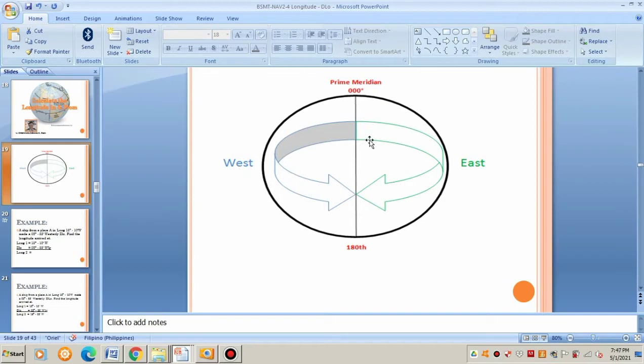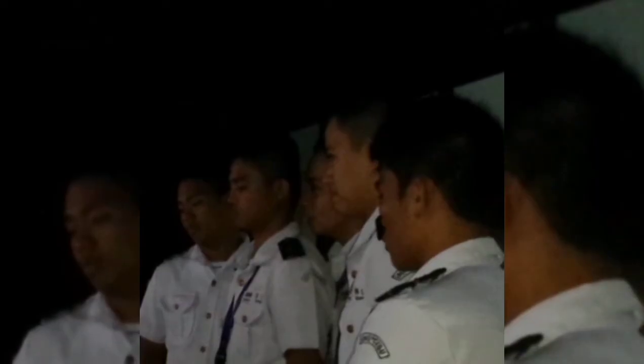But if we have this green arrow here, pointing towards the clockwise direction, it means that we have an easterly direction. So please take note of the color differences of these arrows so that we will be guided in solving our problems regarding longitude in and longitude from.